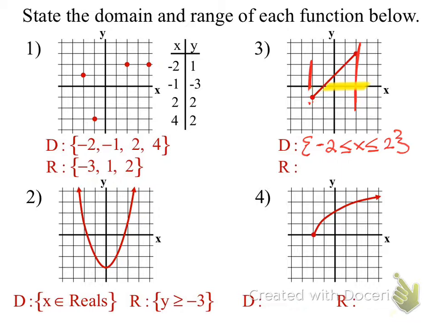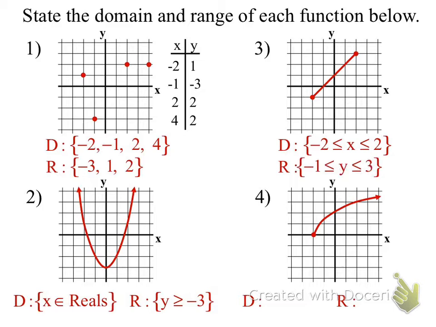And then the range is how high is it? Right? So I'm looking at from here to here. So the range is -1 is less than or equal to y, which is less than or equal to positive 3. Remember, you must go from lowest to highest when you're writing the in-between statements.